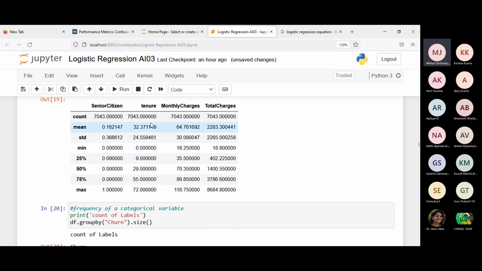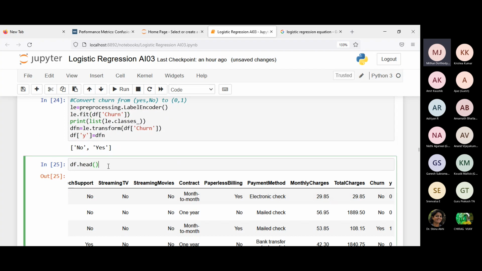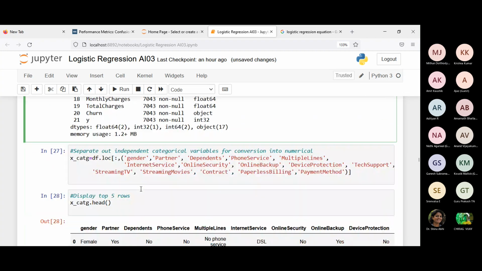Scroll further down, look at the describe function, check the distribution of the dependent variable. Non-churners, how many are there? Churners, how many are there? Now here is where we transform the dependent variable into a numeric variable, right? 0 and 1 we were able to introduce because original data was in the form of non-churners and churners. Then we have df.head, df.info, correct?